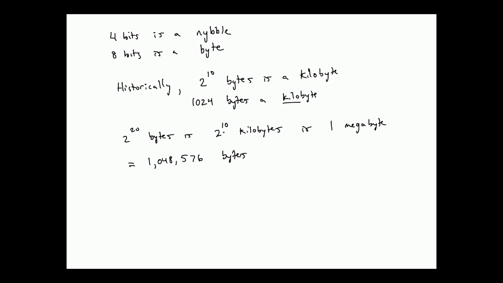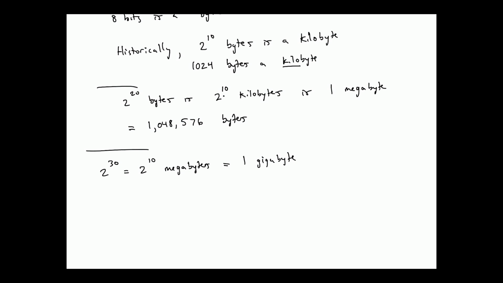So 2 to the 30th would be 2 to the 10th megabytes, and this is a gigabyte. Okay, and so on. 1 gigabyte, well, that's a crap ton of data. What's the next one up? 2 to the 40th is 2 to the 10 gigabytes, which equals 1 terabyte.